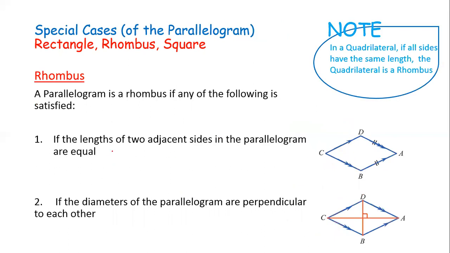The second case is the rhombus. A parallelogram is a rhombus if any of the following is satisfied. First, if the lengths of two adjacent sides in the parallelogram are equal.